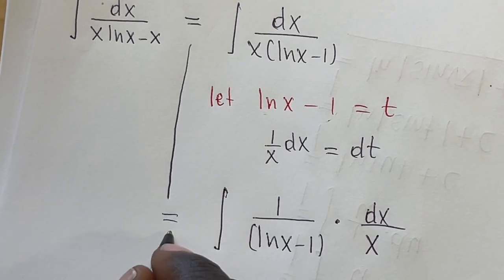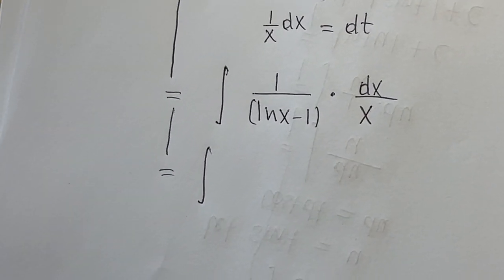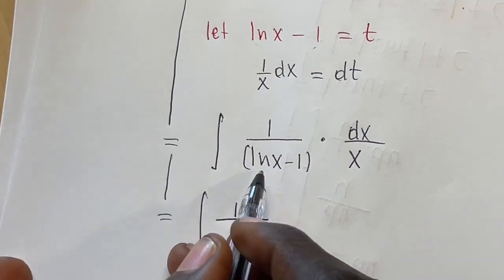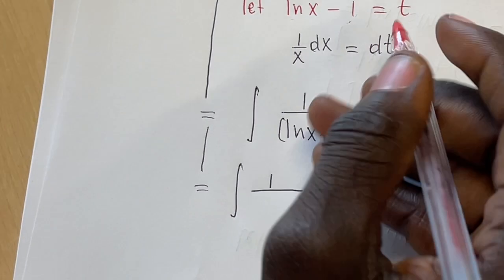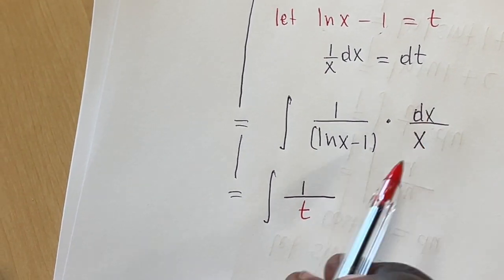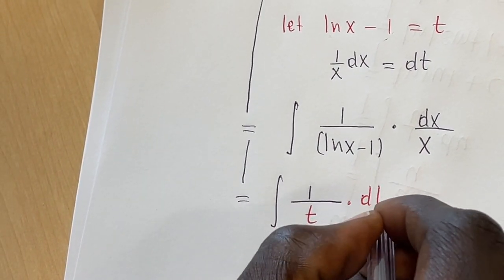So now from there, I will say integral 1, I'm still going to keep 1 on top, over ln x minus 1, we already say is t, so we're going to have t. And then dx over x, you already say is going to give dt.